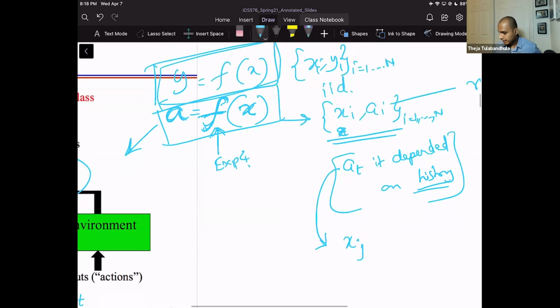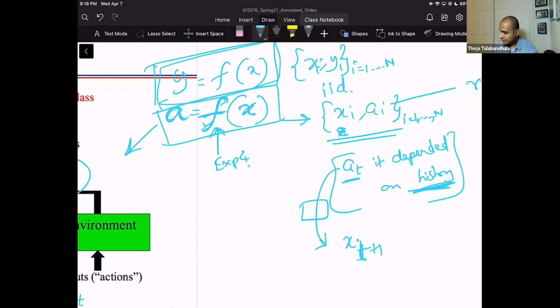Okay? In contextual bandit, it's not the case. In contextual bandit, the only thing that doesn't happen is that AT doesn't influence the next state. So AT may not influence, let's say, xt plus 1. That doesn't happen in contextual bandit. But what does happen in contextual bandits is that AT does depend on history. In that sense, there is dependency.